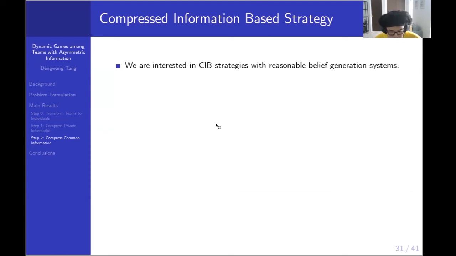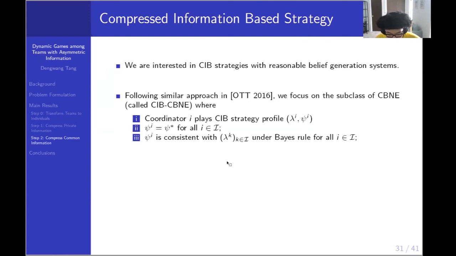Following a similar concept in Ouyang, Tavafoghi, and Teneketzis, we focus on a subclass of equilibria where all the coordinators play CIB strategies with the same belief generation system. And the beliefs they form are required to be consistent with the strategies according to Bayes' rule.